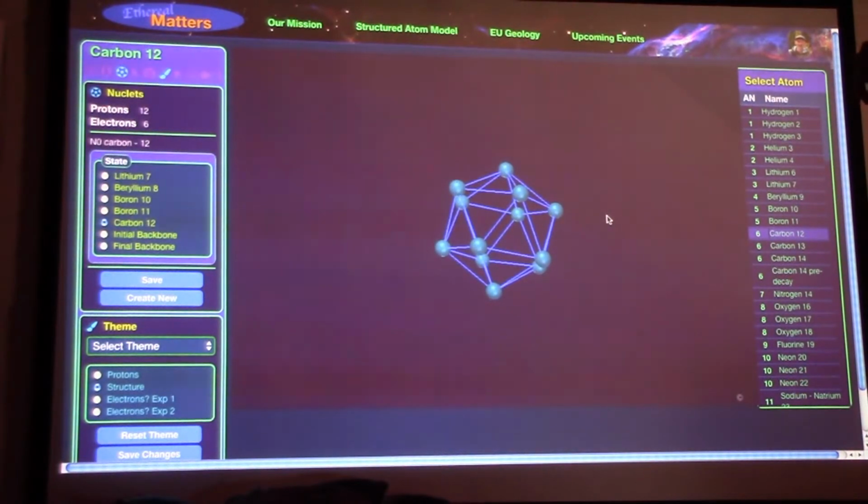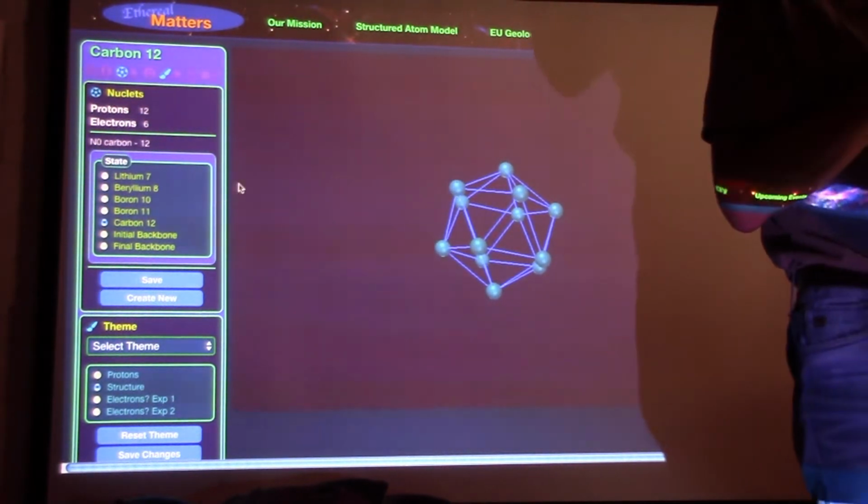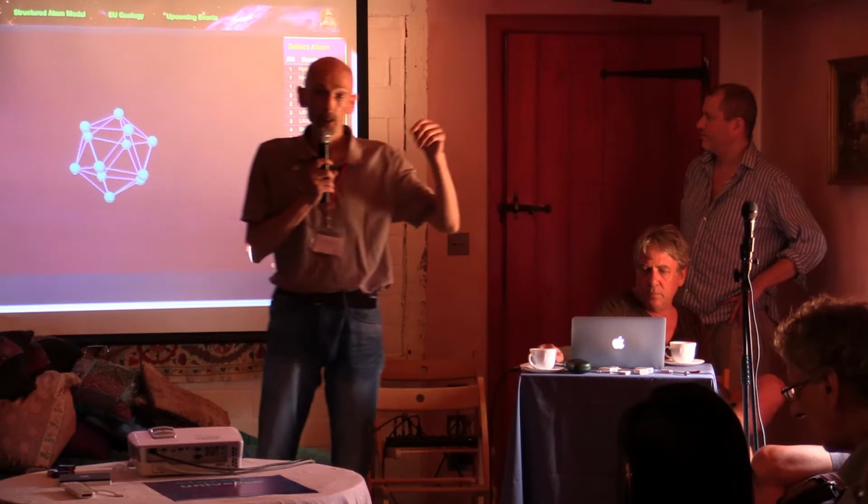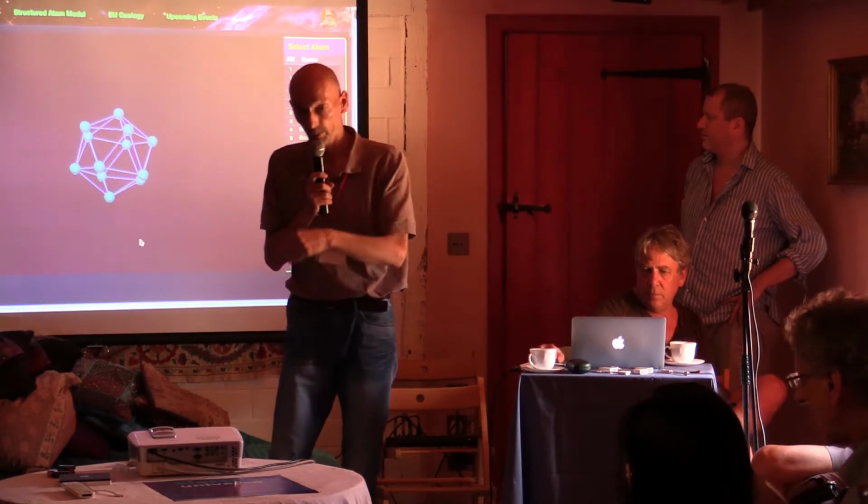So the proton structure, which we see here, which is what the depictions are from the structured atom model, is one of the coin sides, if you will. The electron, the dodecahedron structure, is the other side of the coin. Now, an atom can only be there in a stable state when both are there in equilibrium.